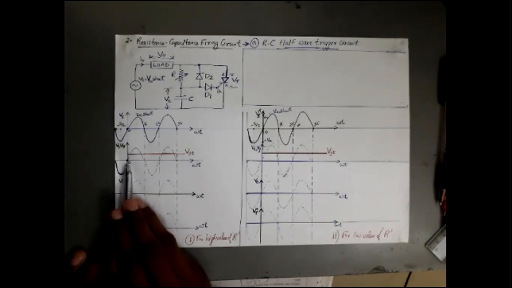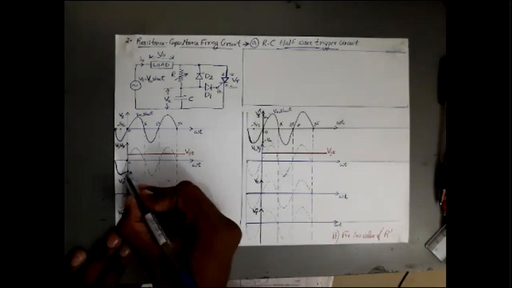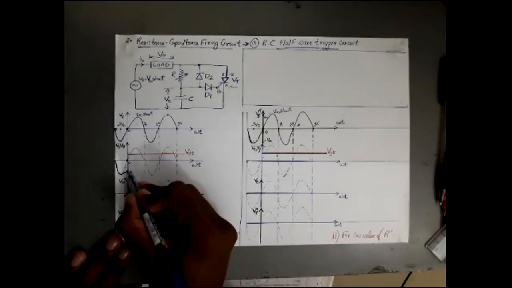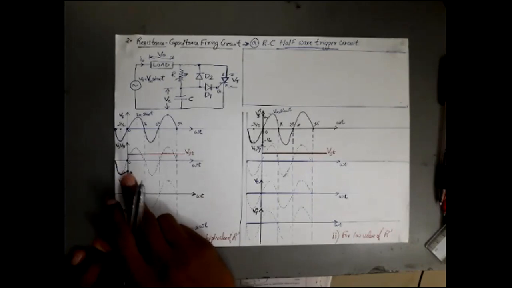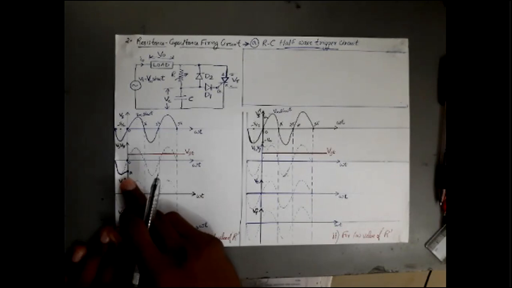Clear? There's still a voltage appearing across my capacitor because it opposes sudden change in voltage. So at omega t equals 0, even if my supply voltage is 0, I have a negative voltage appearing across my capacitor.